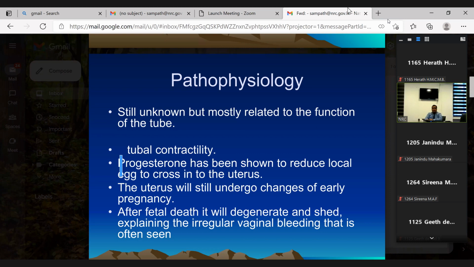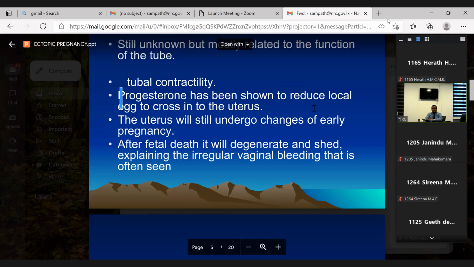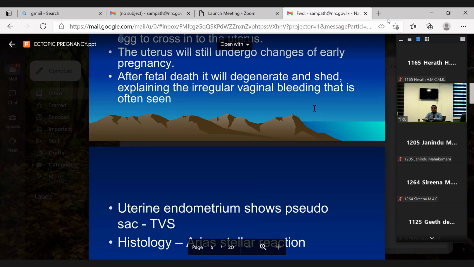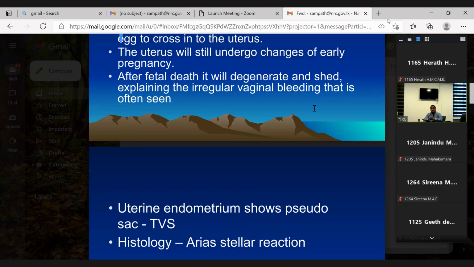We'll move a little bit on. Yes, the uterine endometrium shows pseudosacs on transvaginal scan. That means collected blood inside the endometrial cavity that may look like an intrauterine pregnancy.